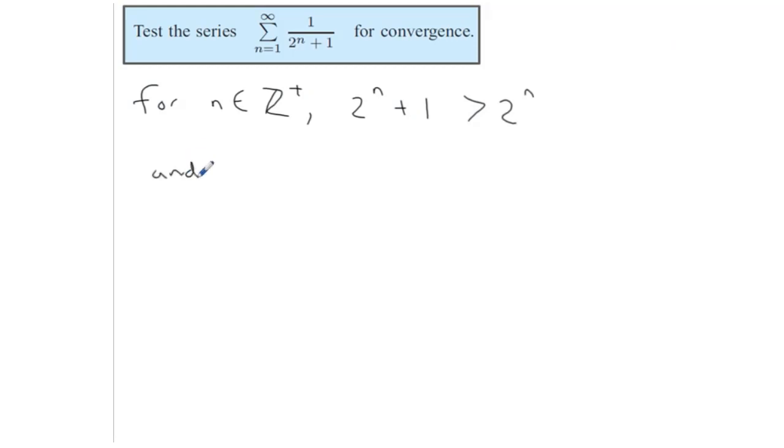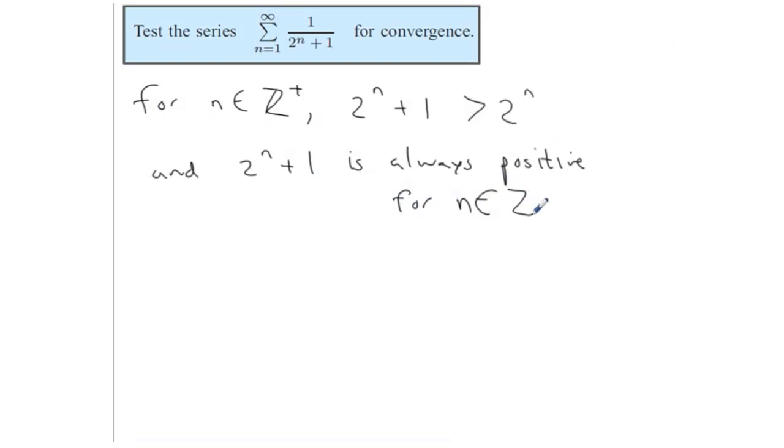And actually, it's always going to be positive, for positive integer n.